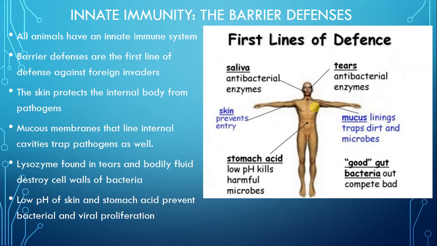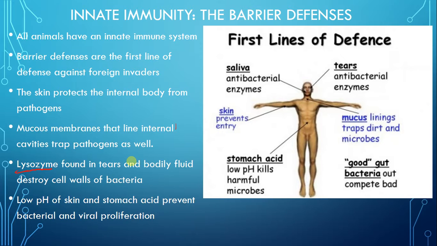Mucous membranes in your mouth, in your intestines, things like that, line internal cavities and trap pathogens before they can infect your internal environment. Lysozymes, digestive enzymes found in tears and other secretions like sweat and sebaceous glands, kill off bacteria by breaking their cell walls.